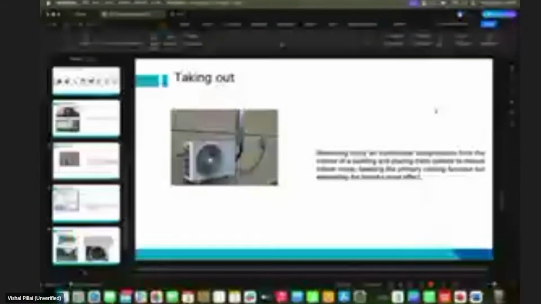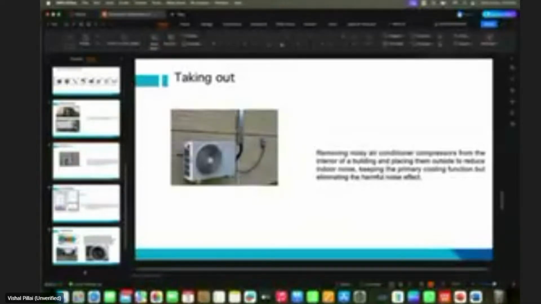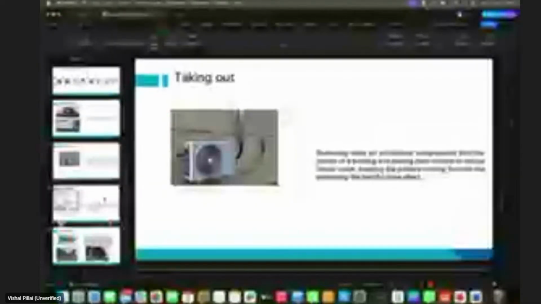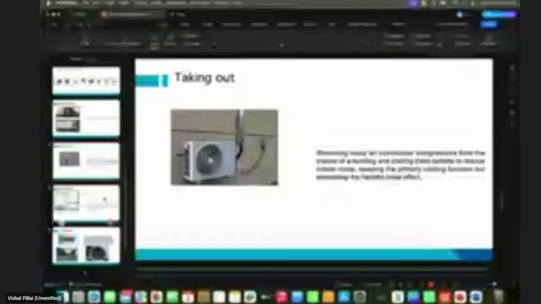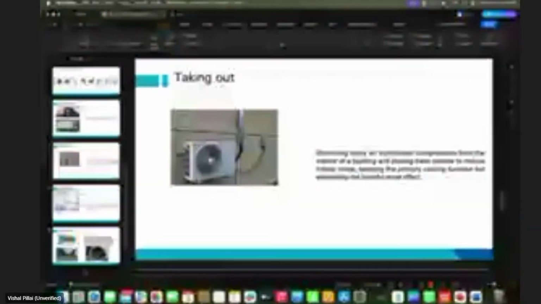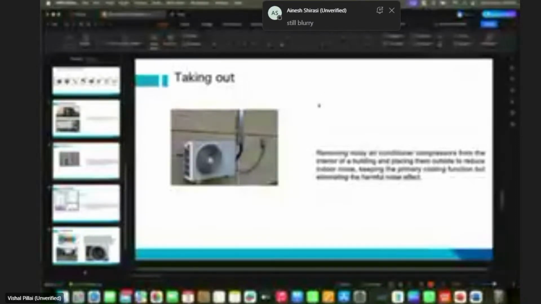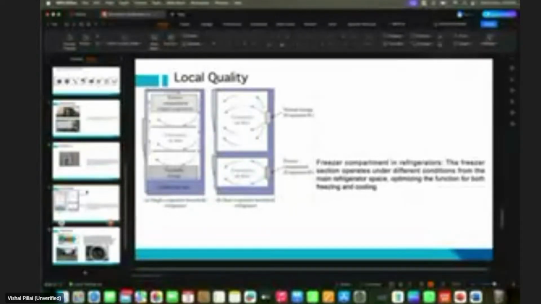Okay, so I'll not keep it on the full screen mode, but I think you are able to see the screen. Sir, it's still blurry. Can we do one thing? Can you share this to me and we will forward it to the teams? Yes, it's possible. Thank you, sir.